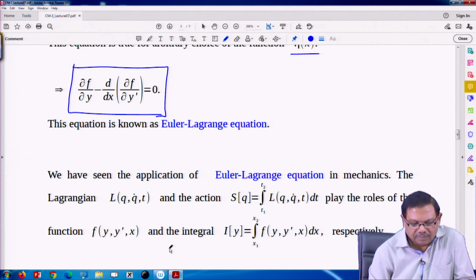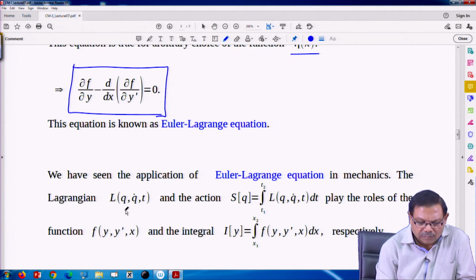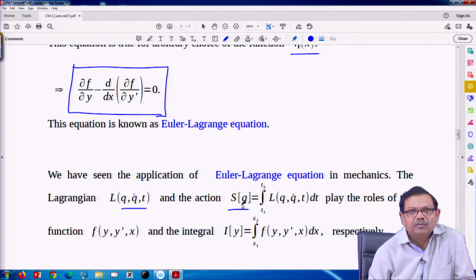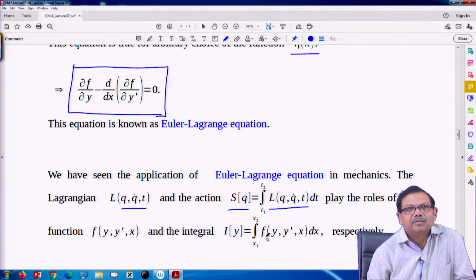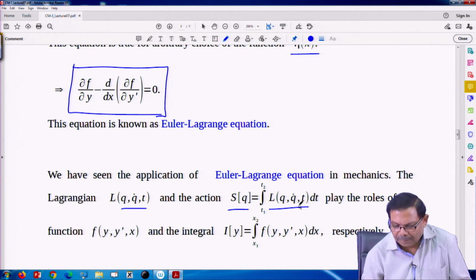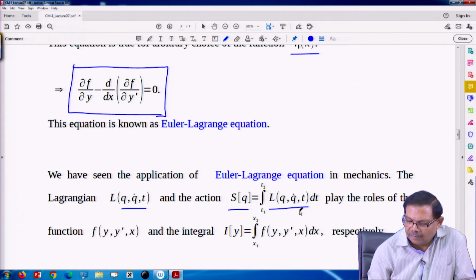The Lagrangian, which was a function of generalized coordinate, generalized velocity and time, and there was an action S, which was a function of a given generalized coordinate q, was written as the Lagrangian function, which is the state function of a mechanical system and depends on generalized coordinate, generalized velocity and time, and the integral of that over the time element.